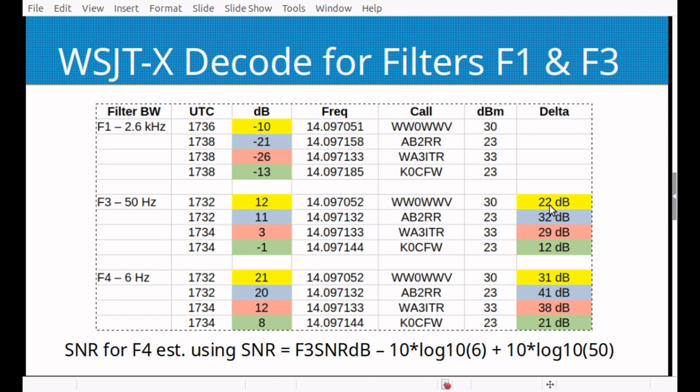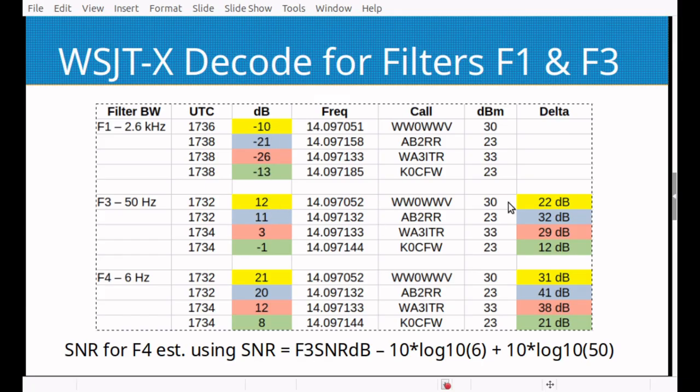The delta for WWV is a 22 dB difference. That is, with a 50 hertz filter, I'm reporting 12 dB positive, and at the 2.6 kilohertz filter, I was reporting minus 10.